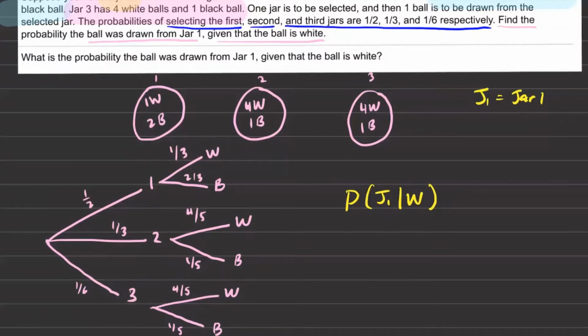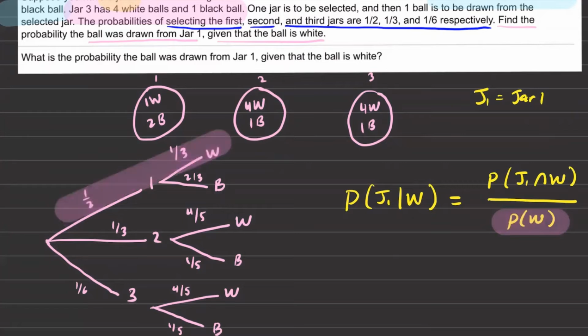Okay, so this is a conditional probability. This can be written as the probability of jar 1 and it's a white ball divided by the probability that it is a white ball. Here you apply Bayes' theorem because there are 3 different jars that contain white balls. So we're going to look at this branch, this branch, and this branch.